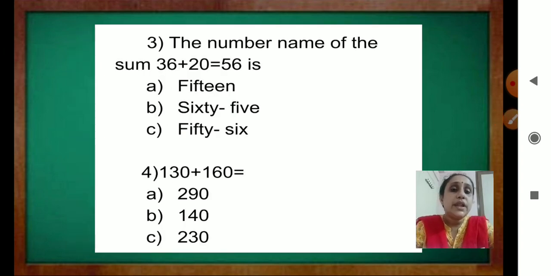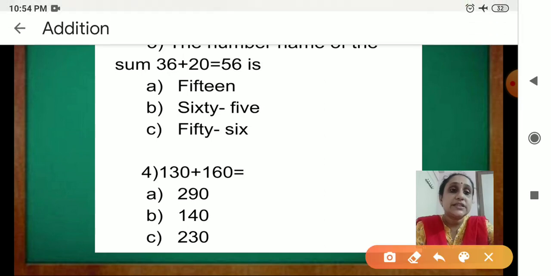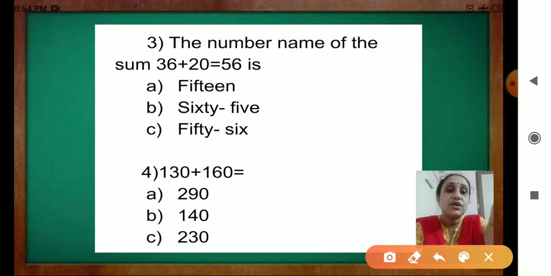The number name of the sum 36 plus 20 is equal to 56. So which one is the correct answer? 56. Find it out. Here it is 56.